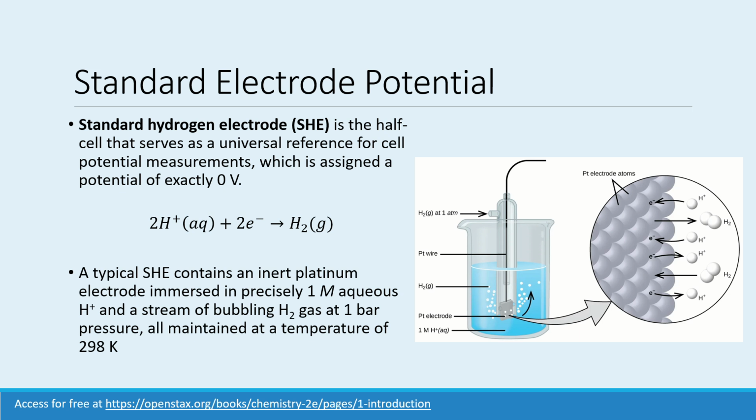So this SHE contains an inert platinum electrode, and it's immersed in 1 molar aqueous hydrogen ion and a stream of hydrogen gas at 1 bar pressure, and all of this is maintained at 298 Kelvin. So keeping all of those standard conditions, right?